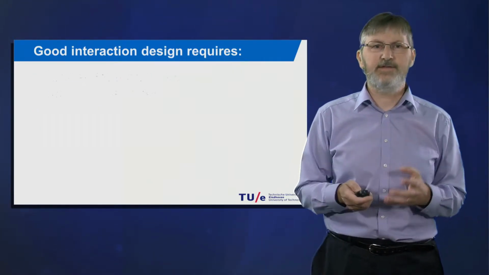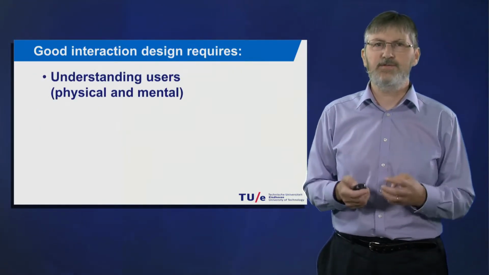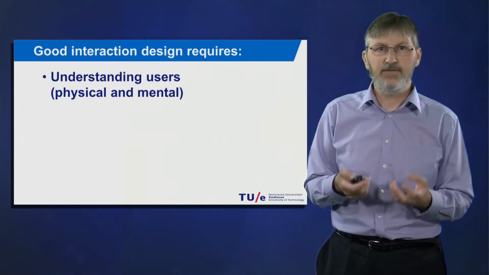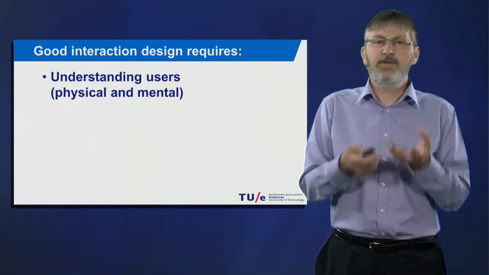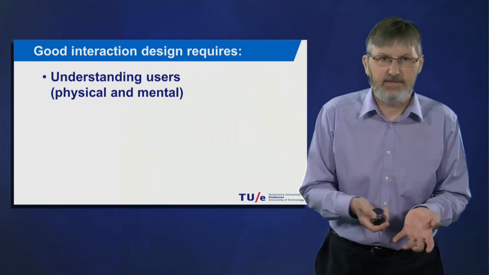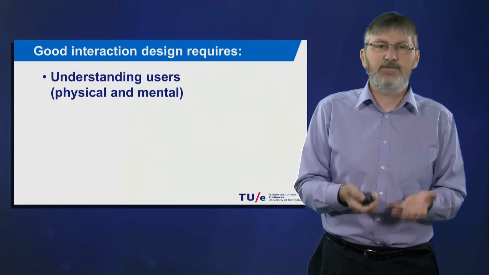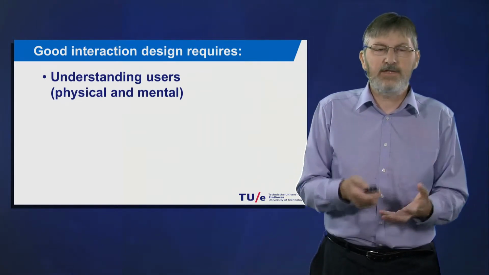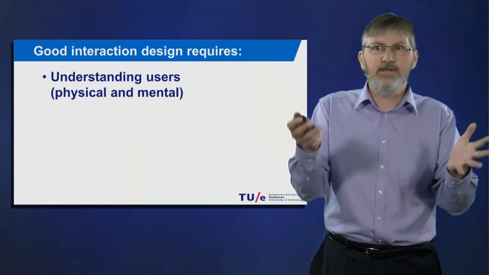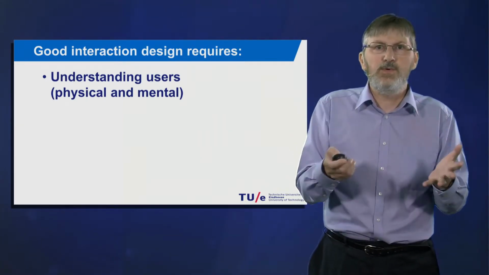So good interface design really requires, first of all, understanding our users, their physical characteristics, like where is the tip of my nose, but also their mental abilities. Users cannot, for instance, remember everything they see. They cannot even notice everything in their point of view.